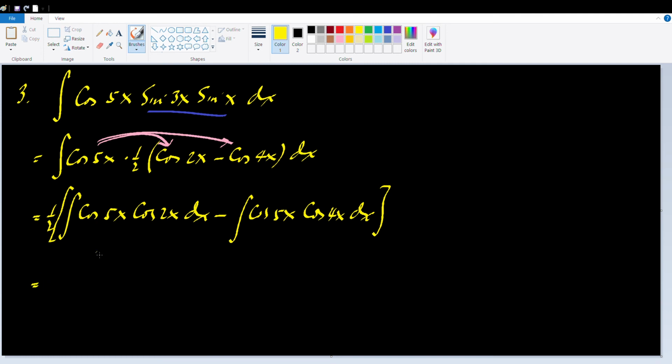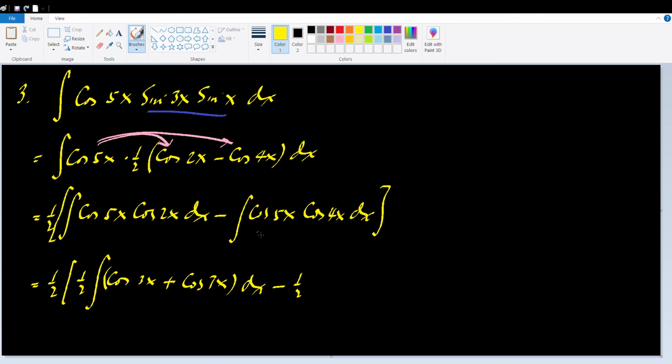So for the first integral, it will be 1/2. We apply here the third identity, which is cosine of 5x minus 2x, which is 3x, plus cosine of 5x plus 2x, which is 7x, dx, minus 1/2.